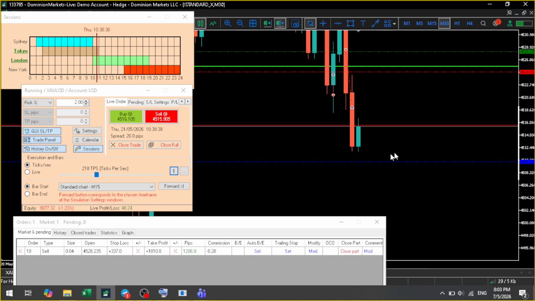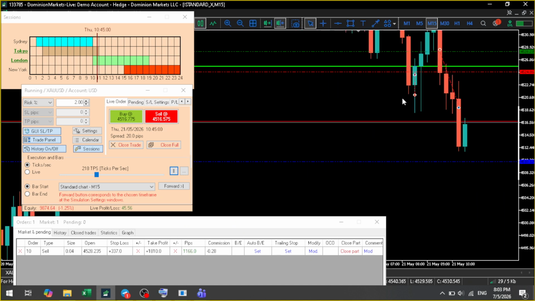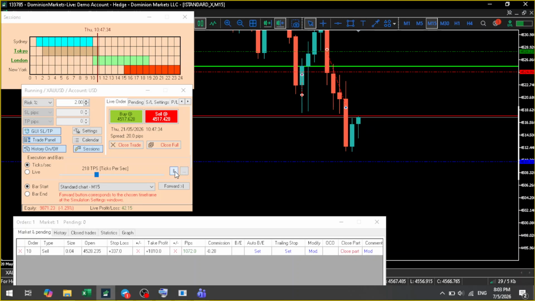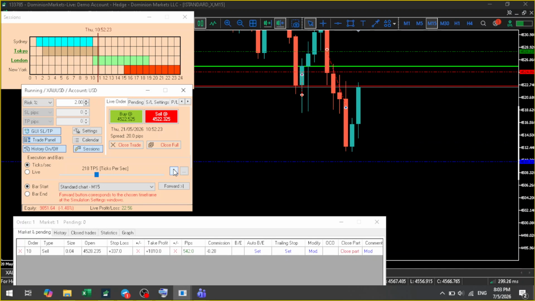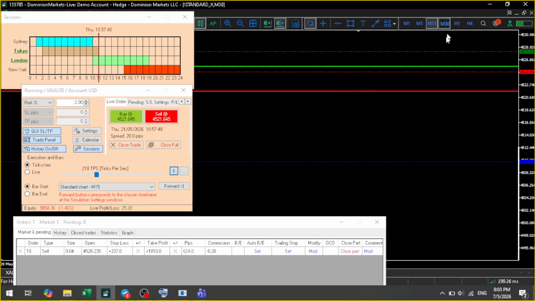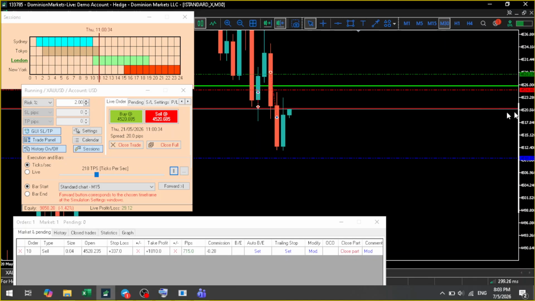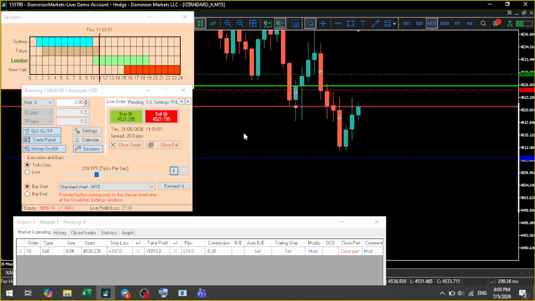Yes, at this 30-minute candle close, I would have closed full position, and that is it. Let's see if we get a full retracement, or whoa, whoa, whoa, man, don't do this. Okay, let's see.